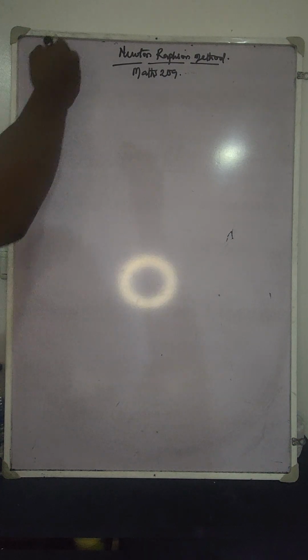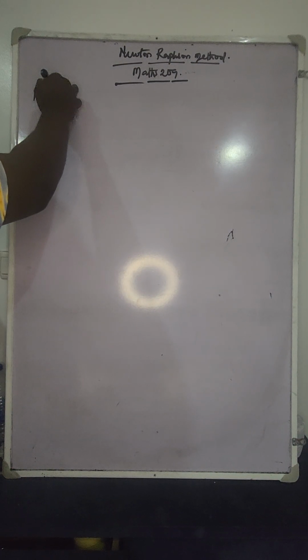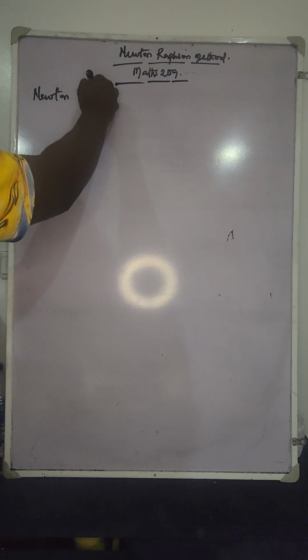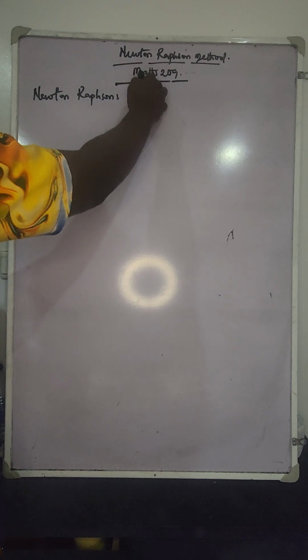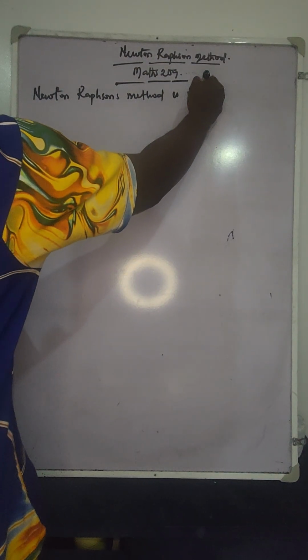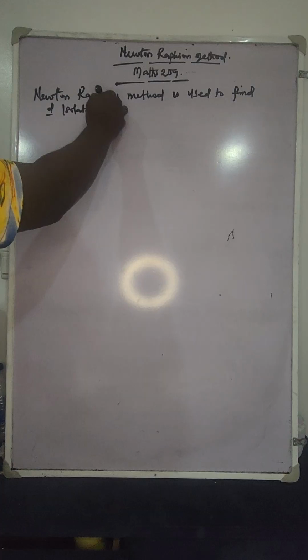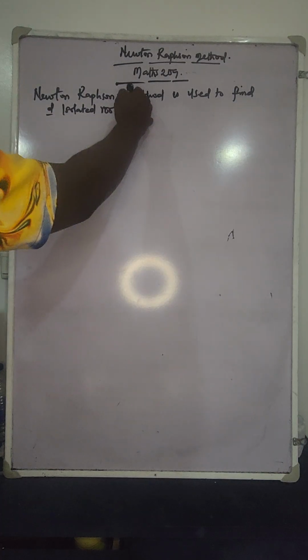Alright, this is Math 209 and we'll be looking at a method called the Newton-Raphson method. We said last time that the Newton-Raphson method is used to find the isolated roots of an equation.